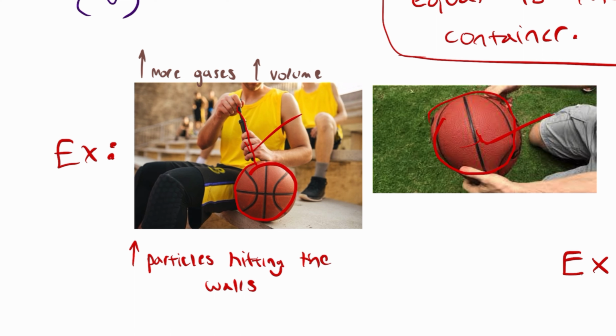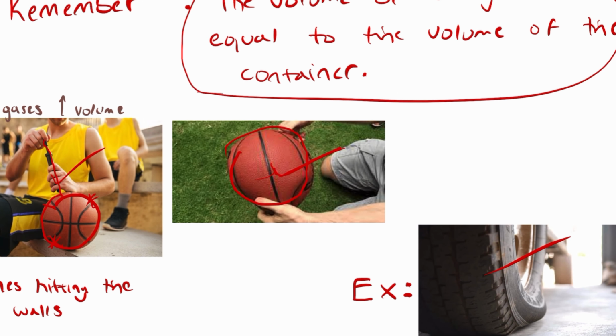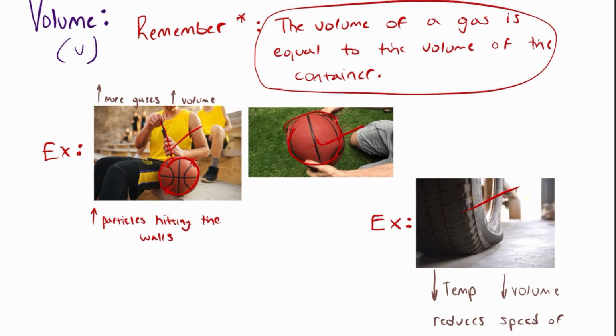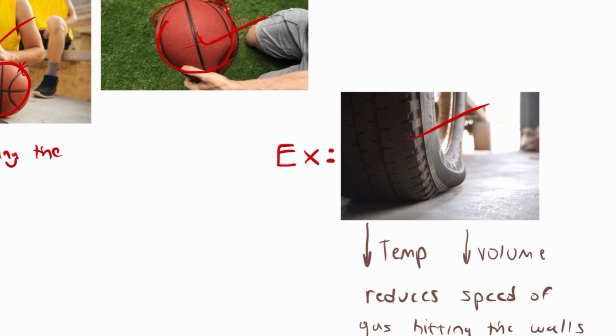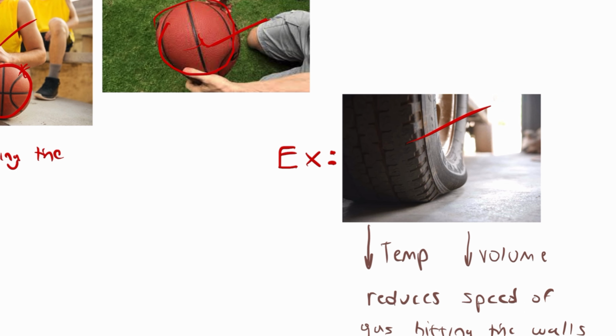So adding more gas means we're having particles hit the walls of the inside of this ball, and this increases the volume and also would increase the pressure that's inside of this ball. If we look to our right, here's another example where temperature influences volume.